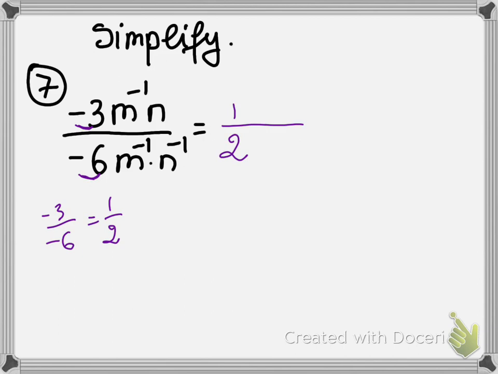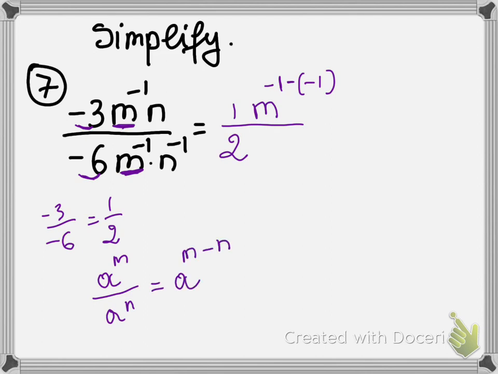Then we're going to look at the powers with base m. We're going to use the quotient rule. This is m to the negative 1 minus negative 1. Remember the rule. If we have a to the m over a to the n equals a to the m minus n.